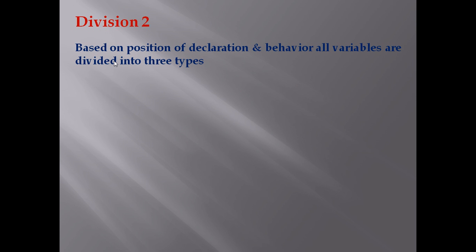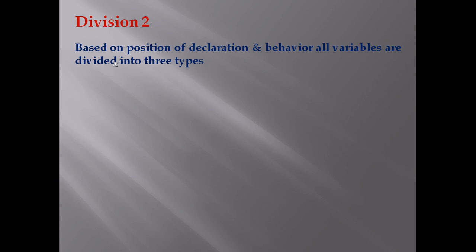What is the position of the declaration of the particular variable? Is it inside a method, or inside a particular block, or inside a constructor, or inside the class and not related to any methods, constructors or blocks? That is the relation of the position with the variable. We will be studying this in great detail very soon.